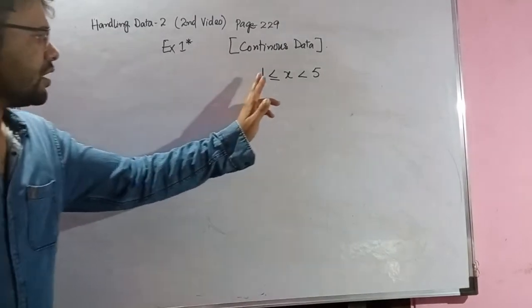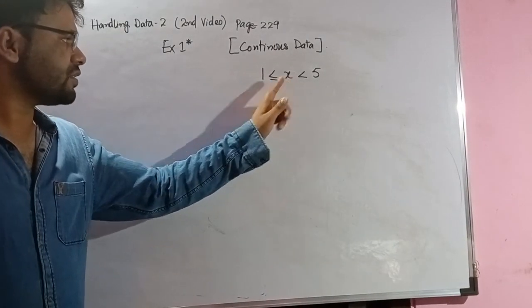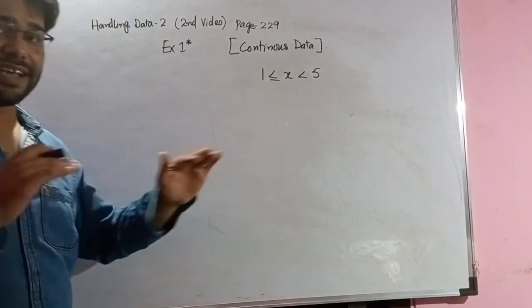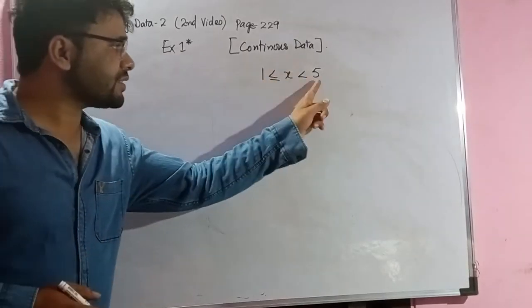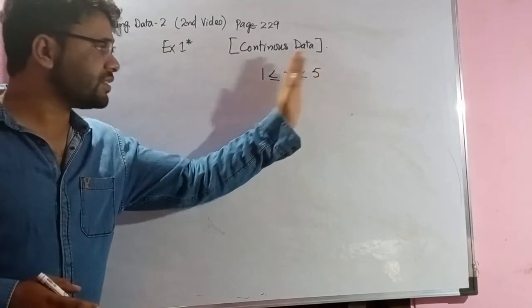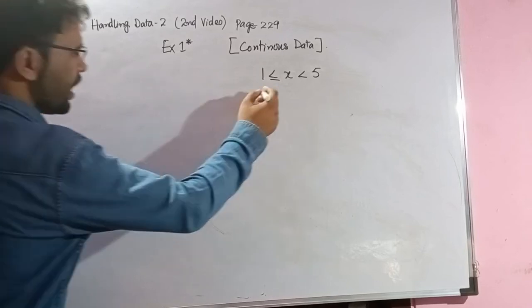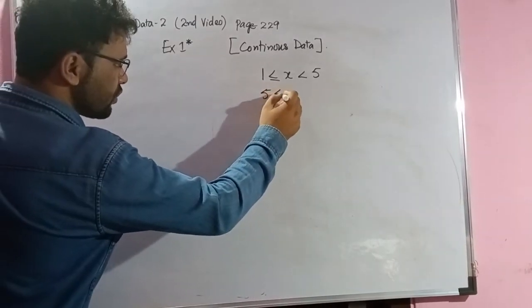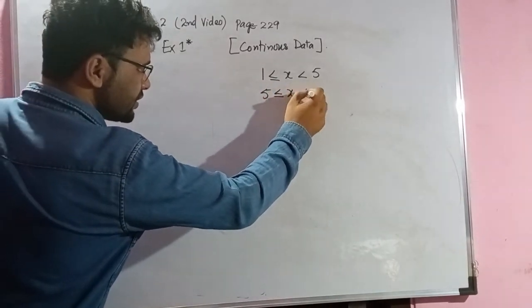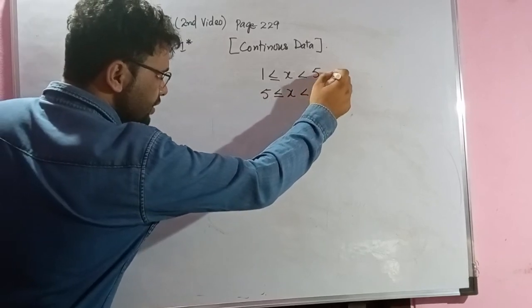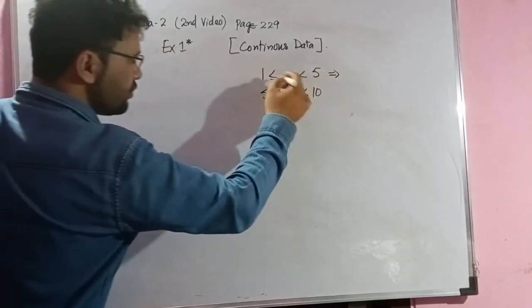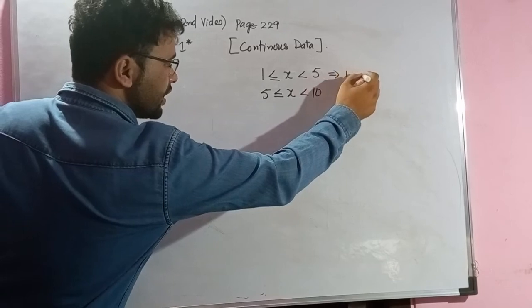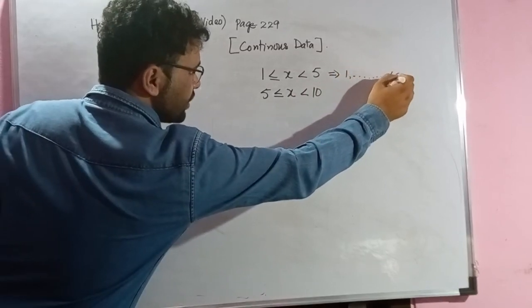You can see x can be equal to 1 and greater than 1, but x cannot be equal to 5, it is less than 5. The second class we will have like this: 5 ≤ x < 10. What does it mean? The first class means x can have values 1, greater than 1, but less than 5.